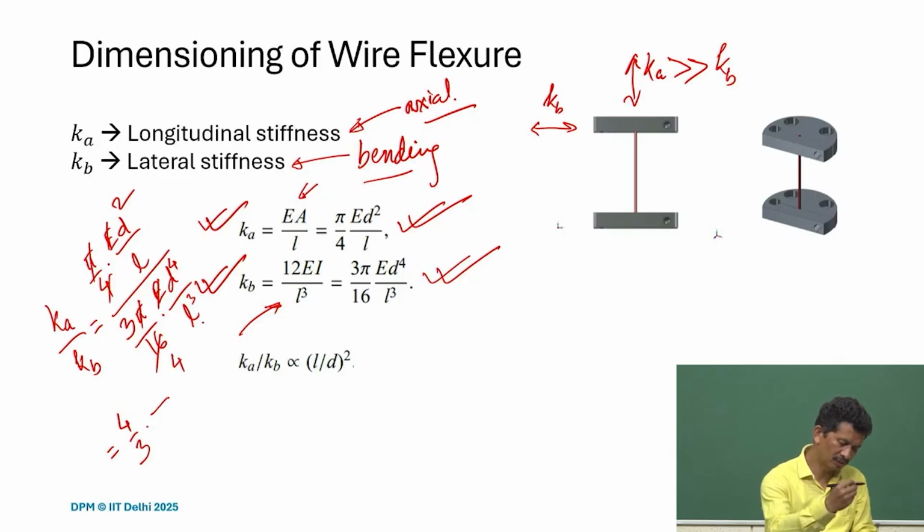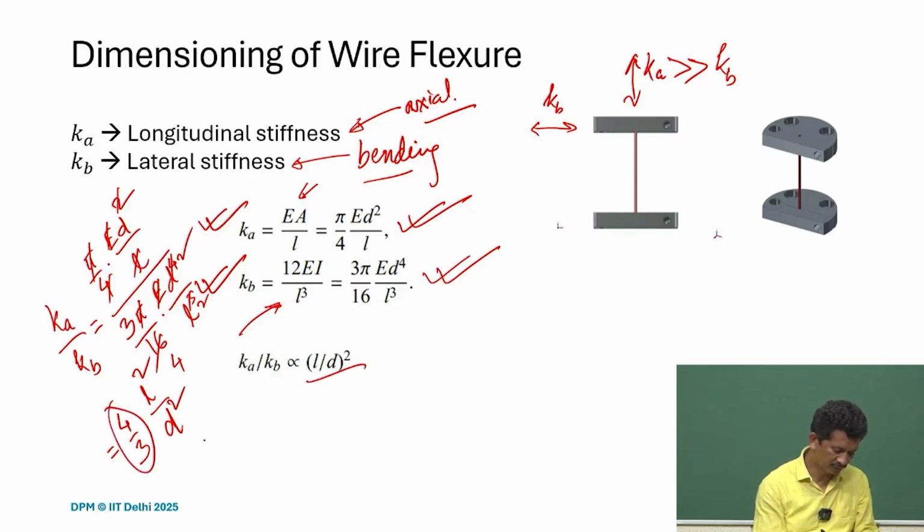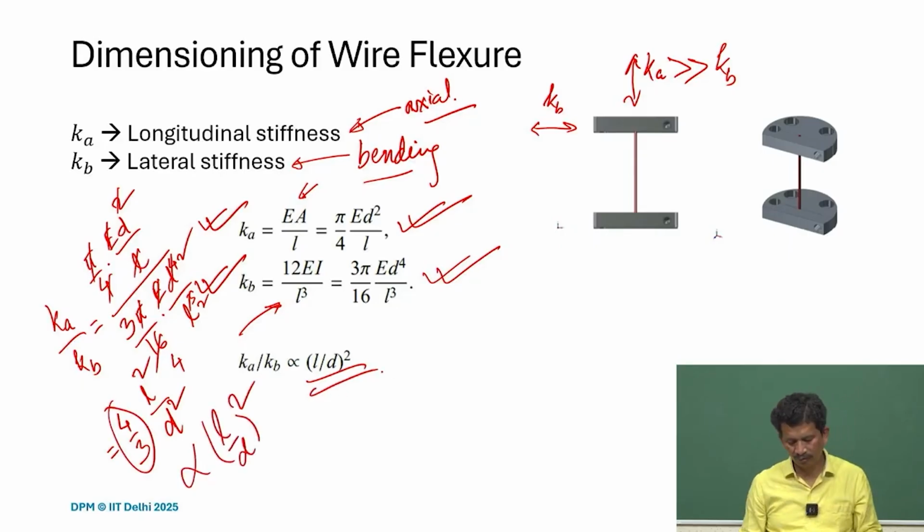In the denominator, it will go up and be cancelled by 1. So this one will be 2L square, and then here the 2 will remain, so it's d square. That's why we are saying that this is the constant term, so what we can say is proportional to L by d square.